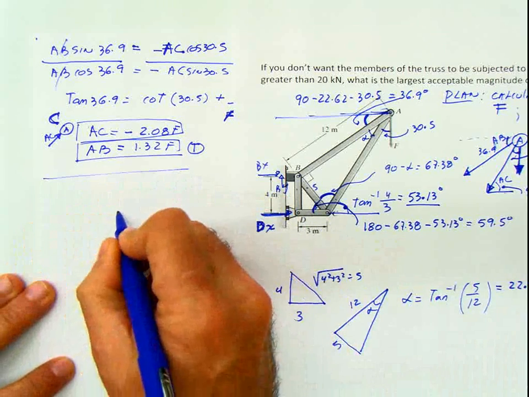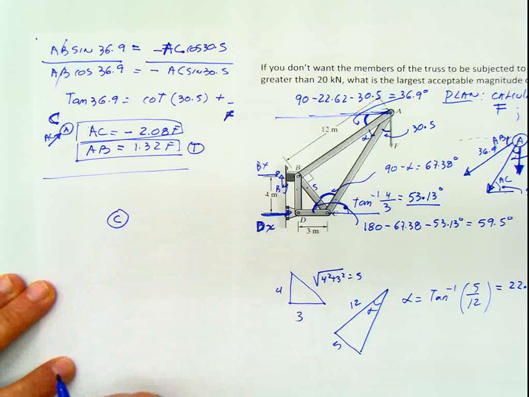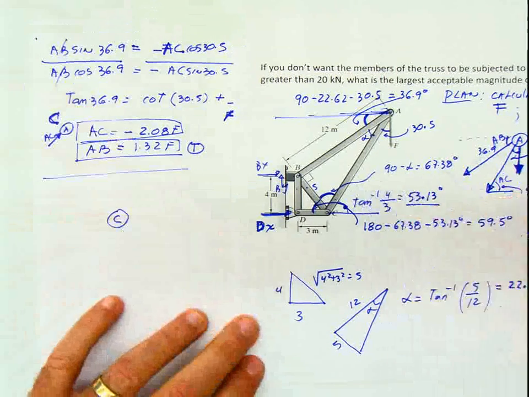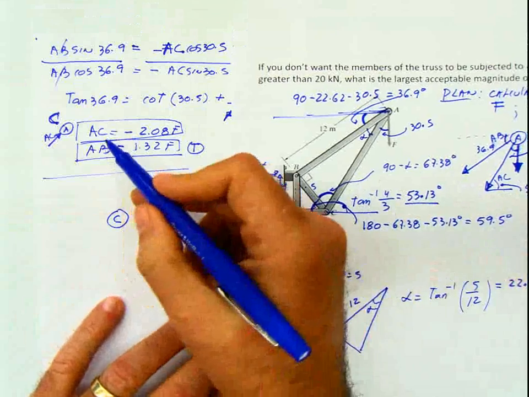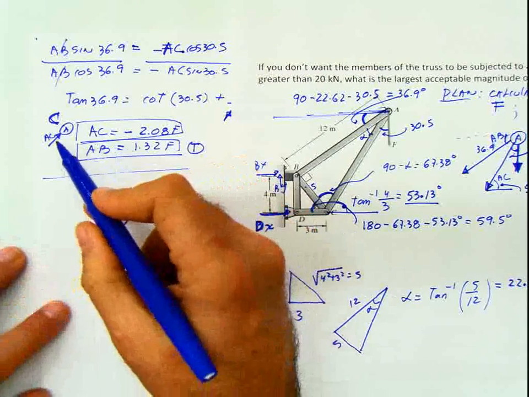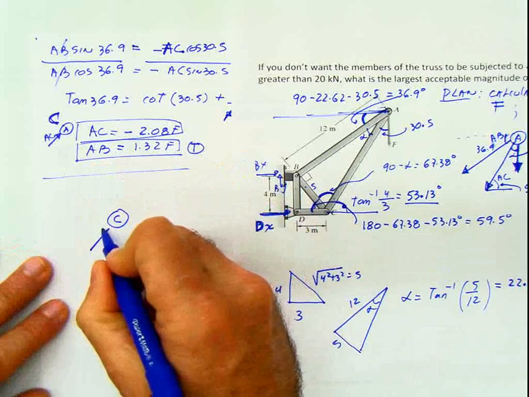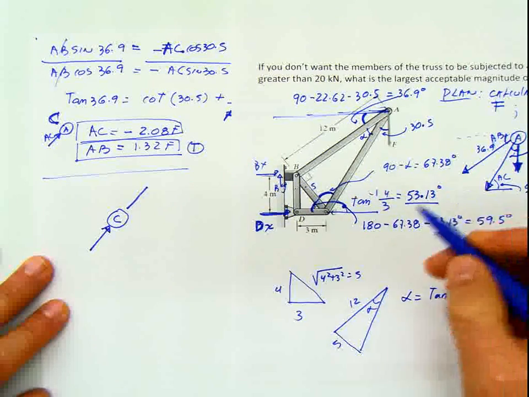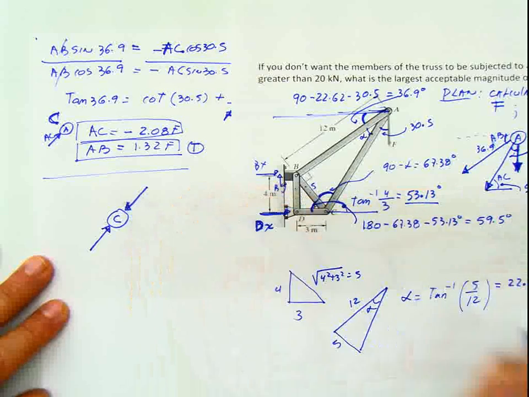I'm gonna go to the joint C, which is this one, and this here is my force AC. AC was just calculated, and as you can see here, AC has to be entering the joint, in this direction.